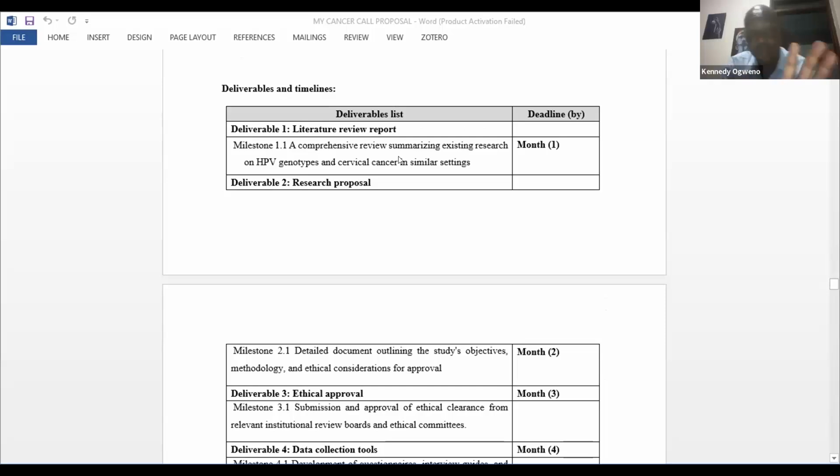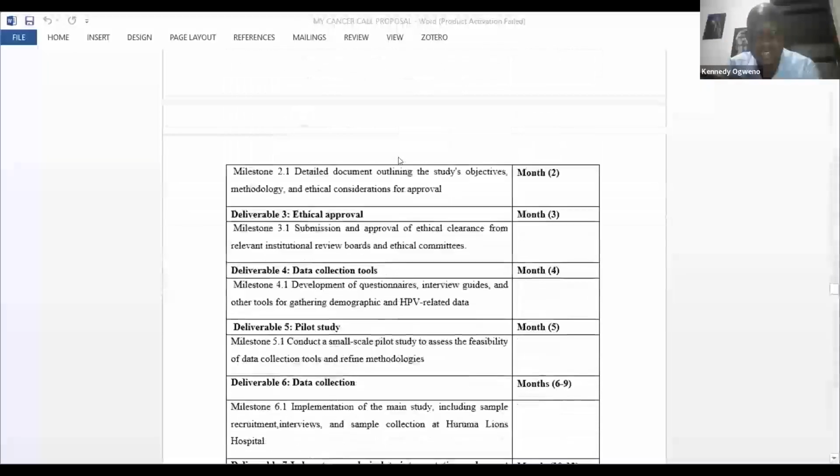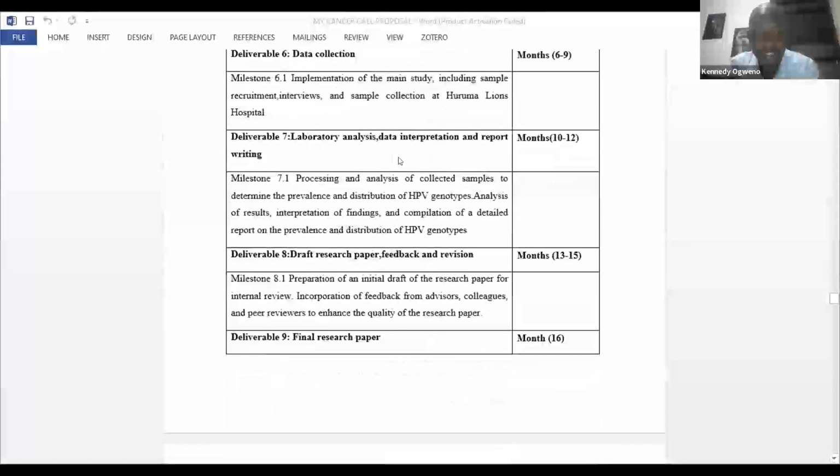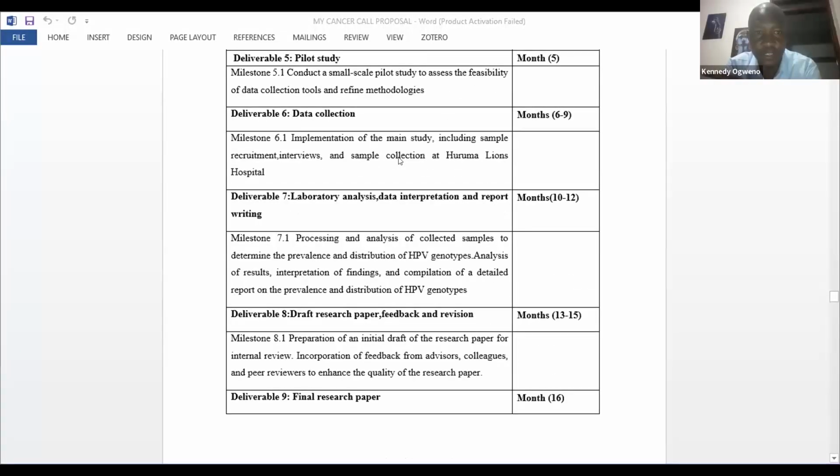So this is just a template of how this proposal was supposed to be written. The deliverables, expected outcomes. So I came up with the deliverable list and the deadline. Okay? I think we can see the deliverable data collection, the milestone, deliverable 7, lab analysis, data incorporation, report writing, the milestone as well.